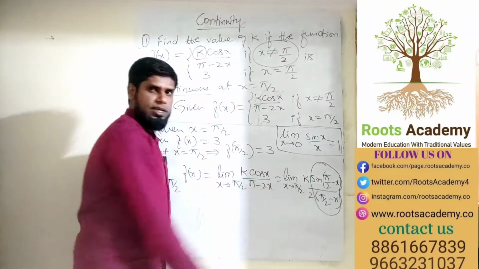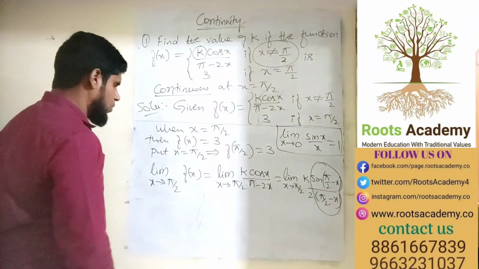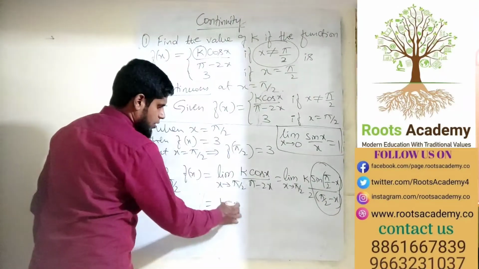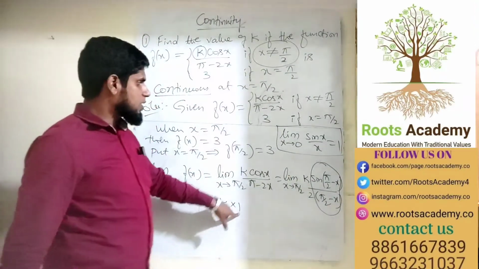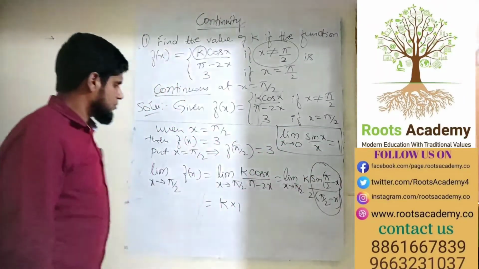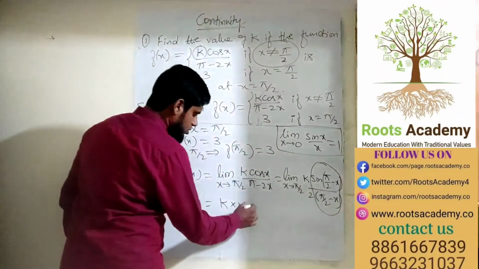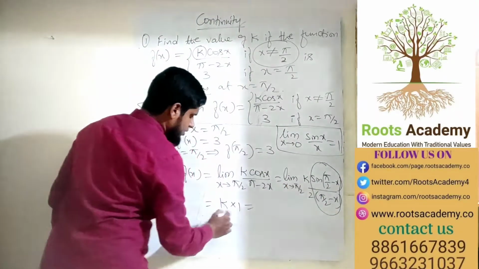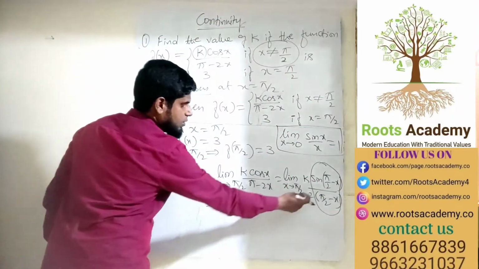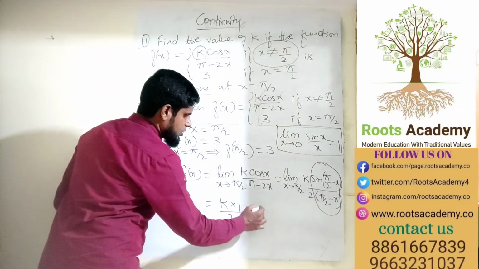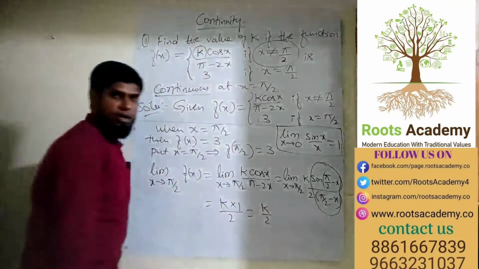The limit already exists here, so this is equal to 1. So that is equal to k into 1. How does this 1 come here? According to the sandwich theorem. Now this is equal to k into 1 divided by 2, since there is a 2 in the denominator, so that is equal to k by 2.